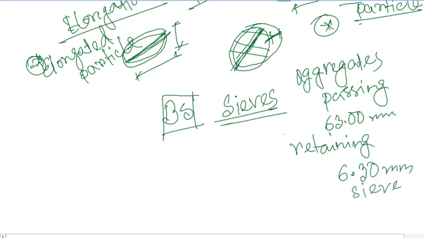So it will be retaining on 6.3 and passing through 63. Not retaining on 63, please remember this. It will be passing through the 63 millimeter sieve.